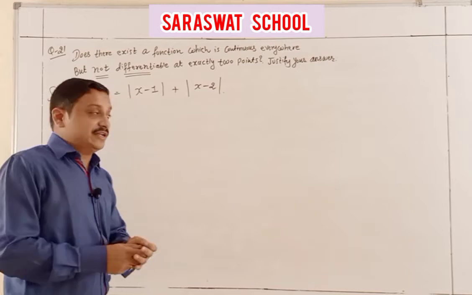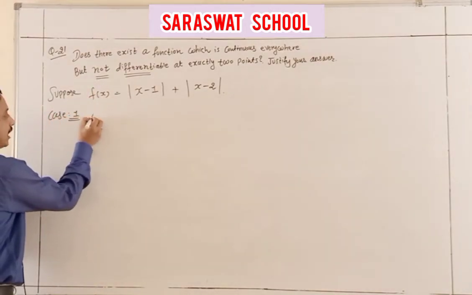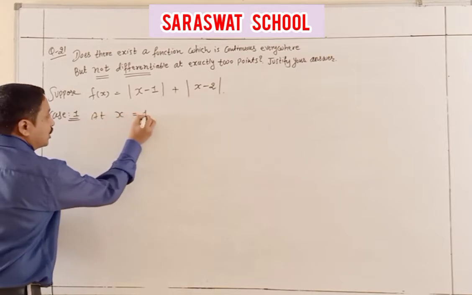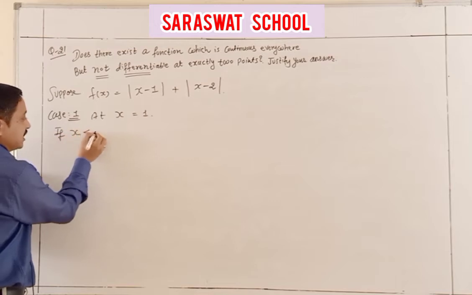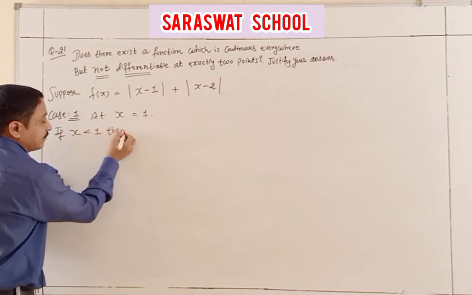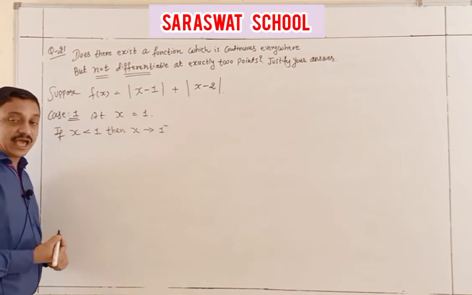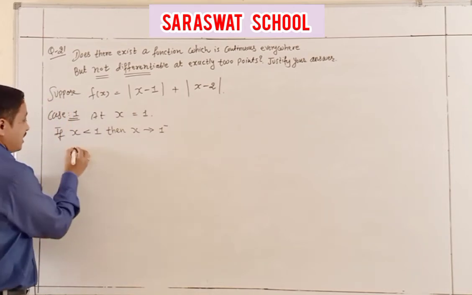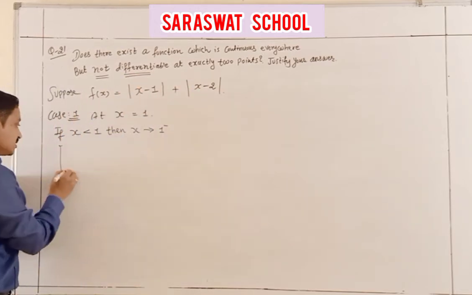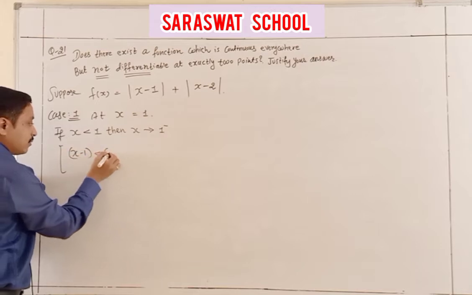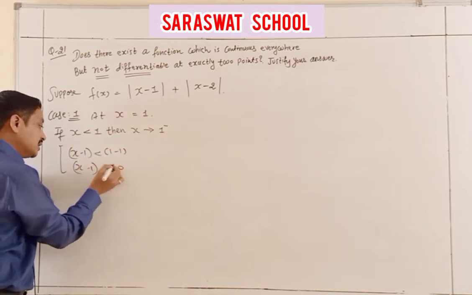Continuity and differentiability. So case 1, at x equal to 1 I check. So if x is less than 1, then x tends to 1 from the negative side. And the function is? Yes, x minus 1 and x minus 2, both I check. Here first x minus 1: apply minus 1 on both sides, so you get x minus 1 less than 0.